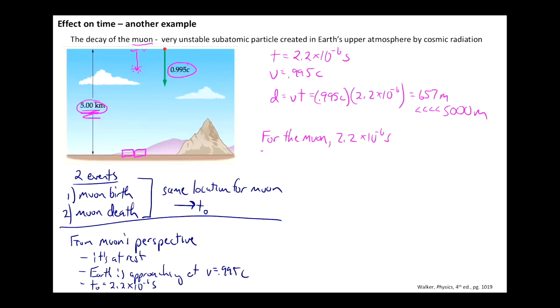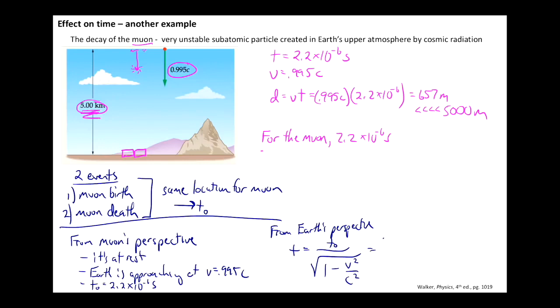On the other hand, from the Earth's perspective, we can use our time dilation equation and plug in the muon's proper time to find how much time has occurred on Earth during the muon's lifetime, if we can call it a lifetime. It's just not that long.